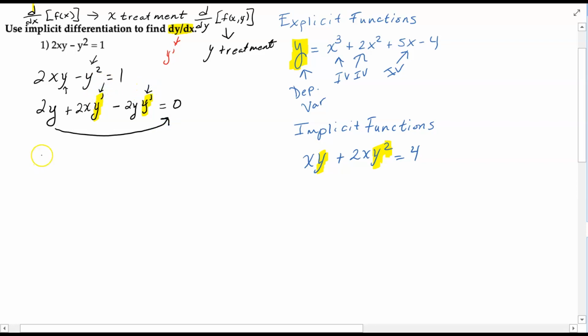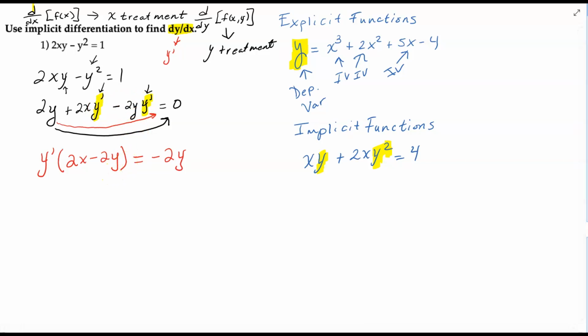So I need you to follow along and see what's going on here. First thing I'm going to do is write my y prime on the outside. On the inside, I'm going to write 2x minus 2y, and then equal negative 2y. If you notice, the 2y got moved over to the other side, and the y prime was factored out.